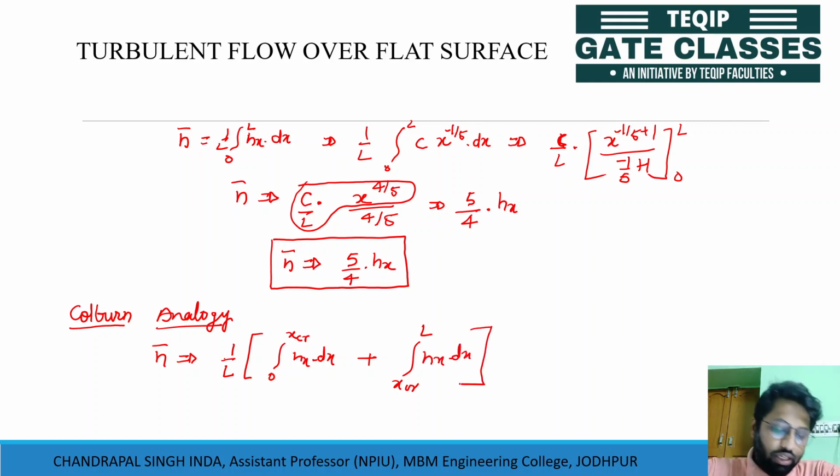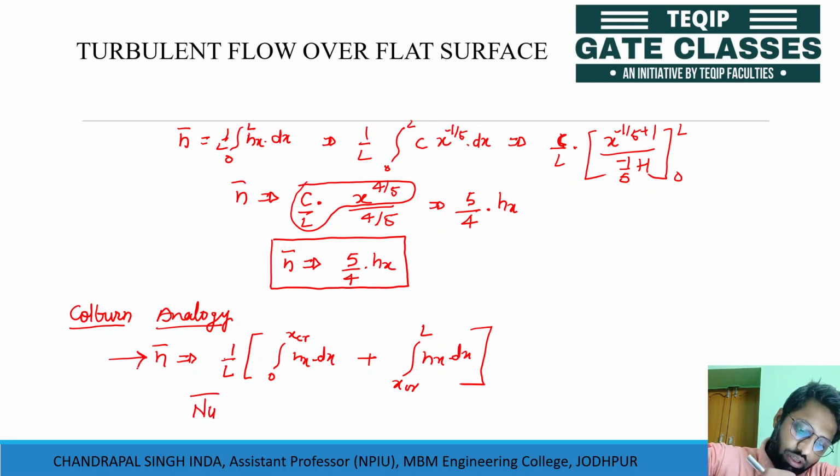So when both laminar flow and turbulent flow exist on the plate, we can use this analogy, and according to this we will have the value of the Nusselt number. This will be an average value, as we have started with finding the average convective heat transfer coefficient.